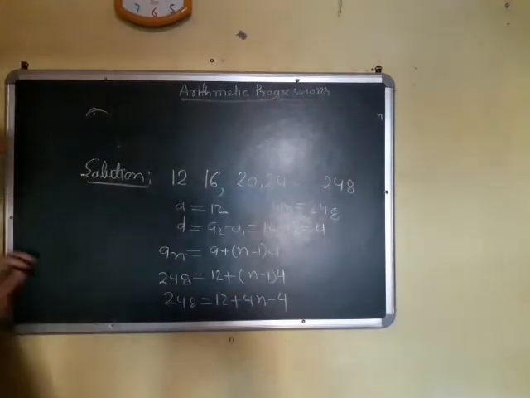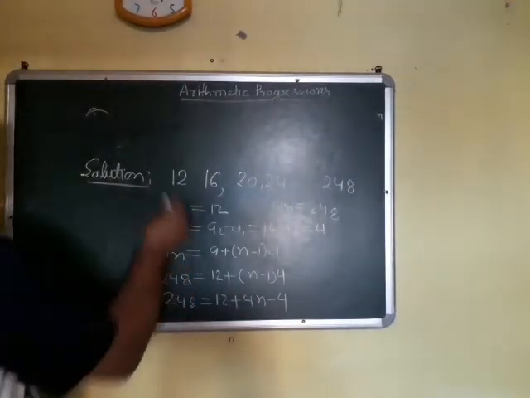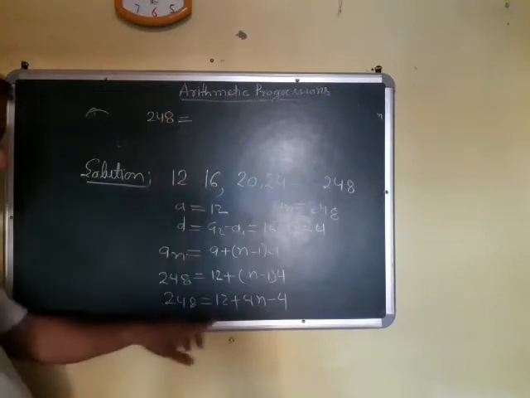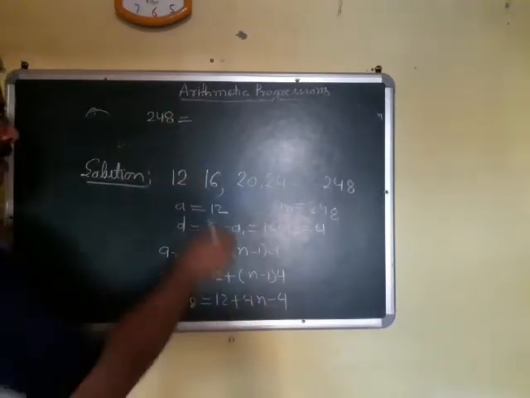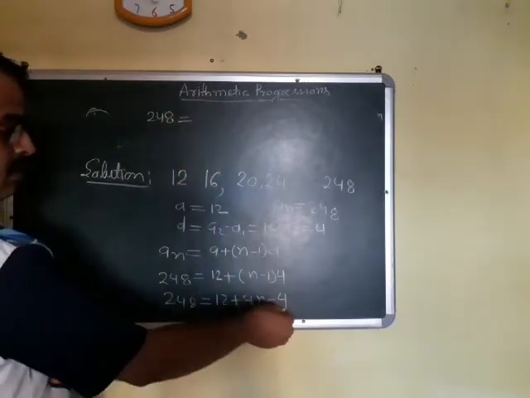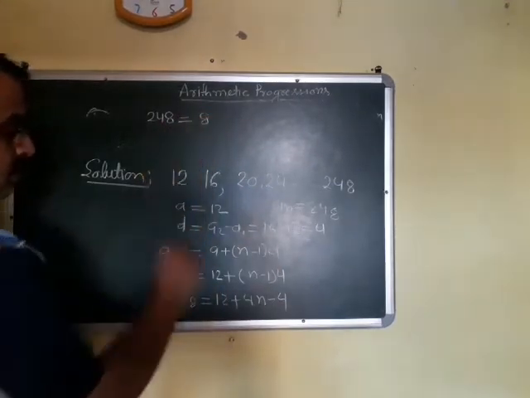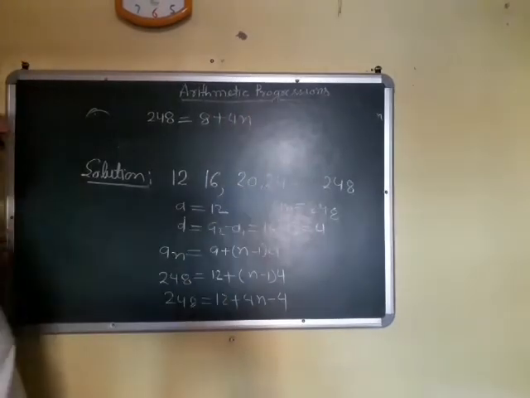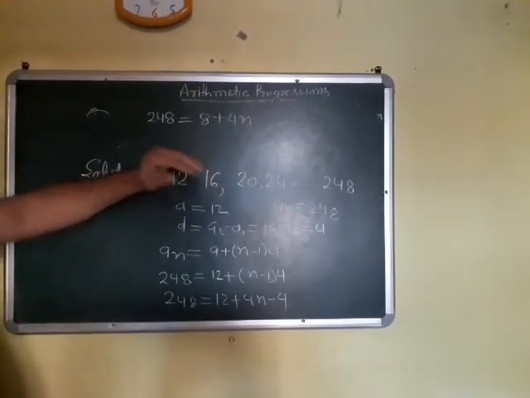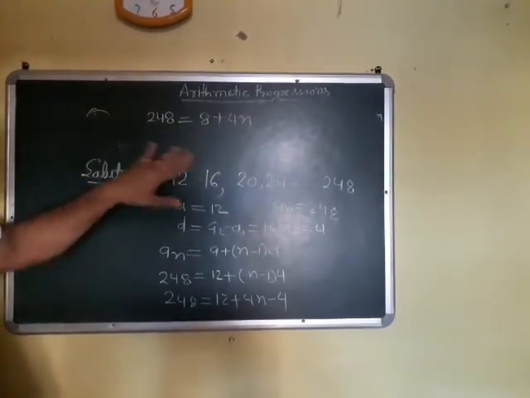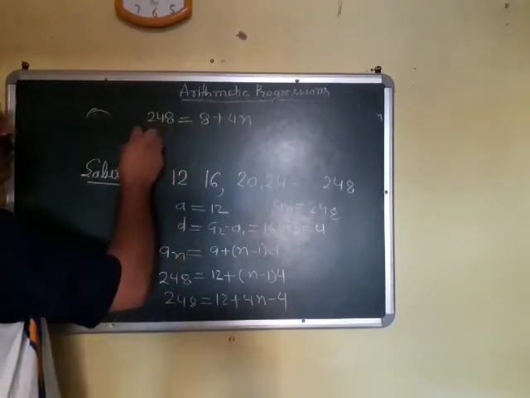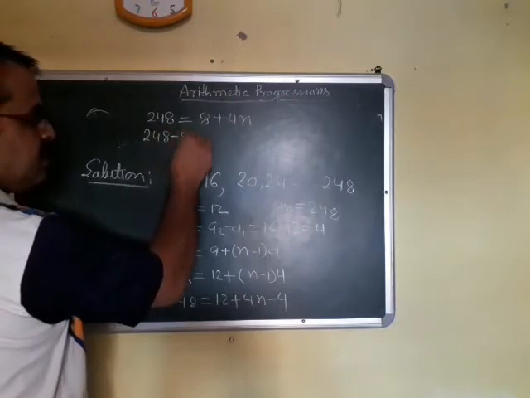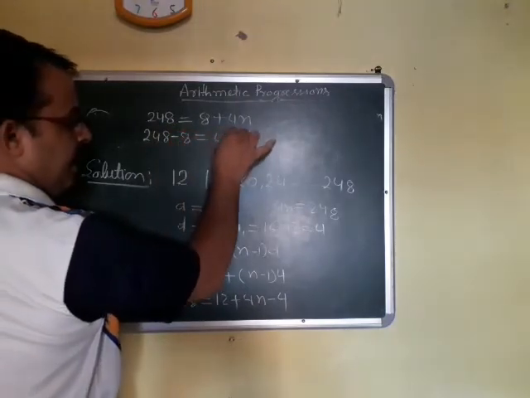Look here: 248 is equal to 12 minus 4, we get 8, plus 4n. This 8 is positive, so it goes to the left-hand side and positive changes into negative. 248 minus 8 is equal to 4n.